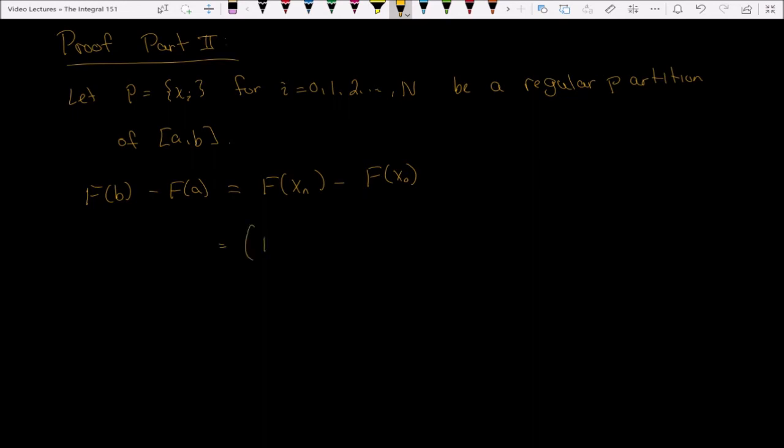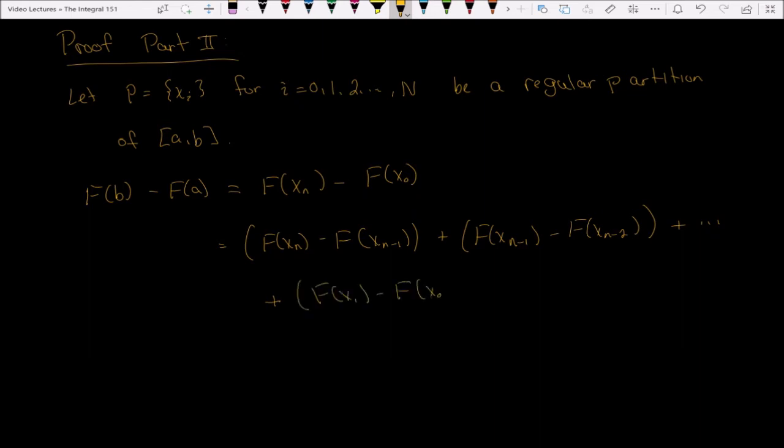And we can write this as F of x sub n minus F of x sub n minus 1, plus F of x sub n minus 1 minus F of x sub n minus 2, plus, keep going until we get to plus F of x1 minus F of x naught.